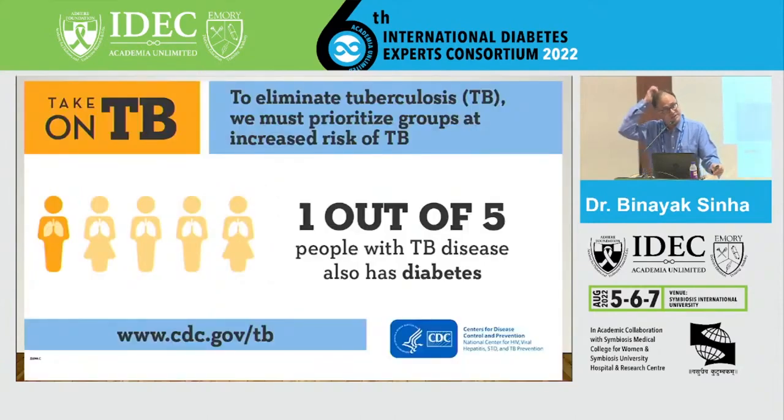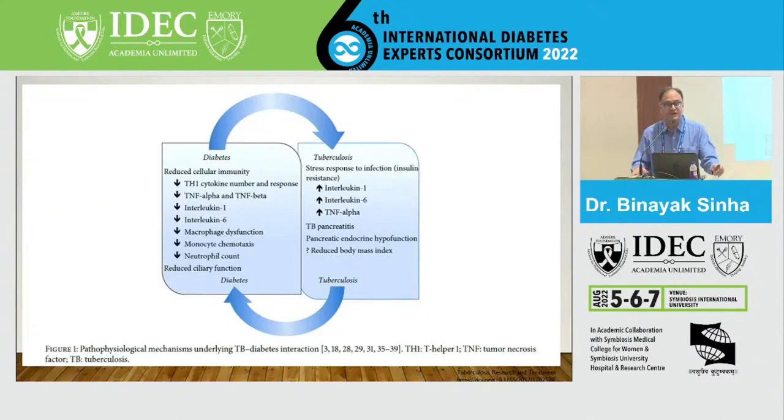Another important aspect is tuberculosis, particularly in our country. But let us just put it into perspective. Even in the United States of America, 1 out of 5 people with TB has diabetes. So this is another infection which is very important because they are very strongly interrelated, one worsening the other.